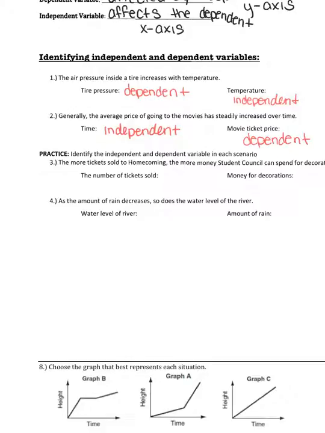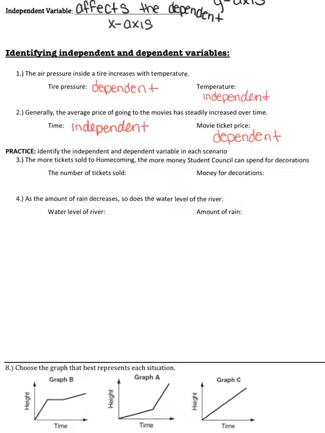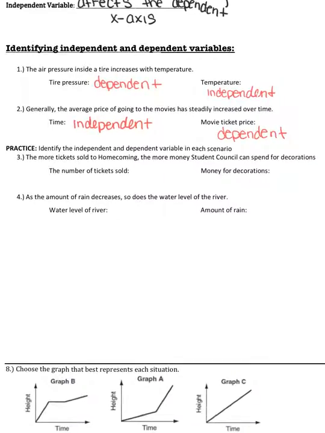So number 3 says the more tickets sold to homecoming, the more student council can spend for decorations. So the number of tickets sold affects how much money I can spend on decorations, right? So it's doing the changing, I guess you could say. So the number of tickets sold is the independent.